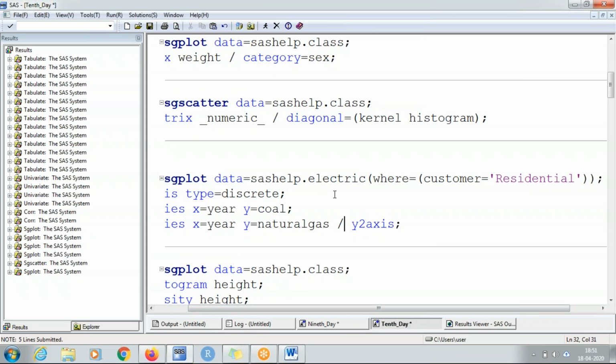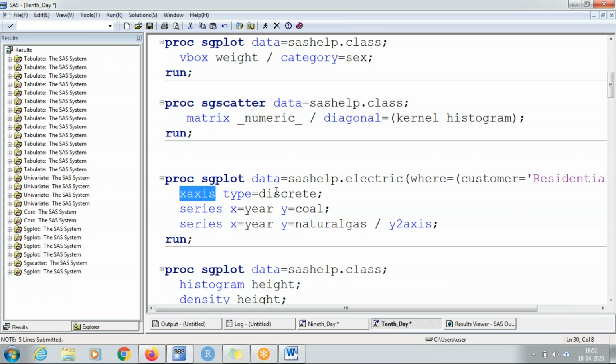So this is your SASHELP.electric data, where I'm just plotting data for residential customers. It contains some commercial customers as well, right? On the x-axis, I'm writing discrete, and series x is equal to year, and y is coal.